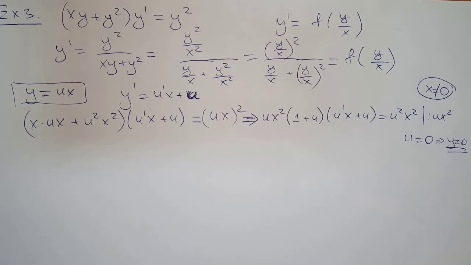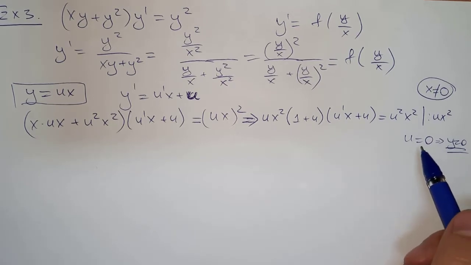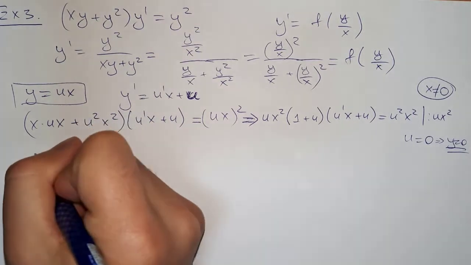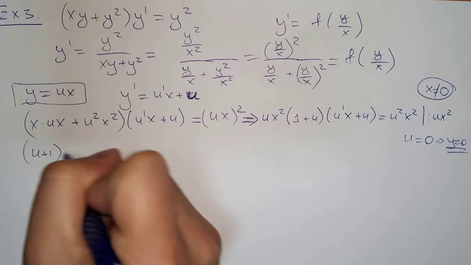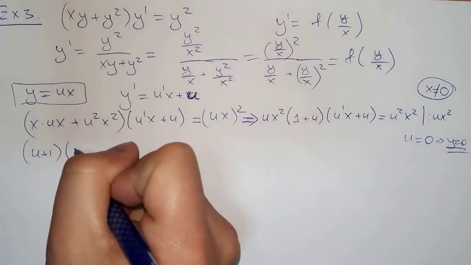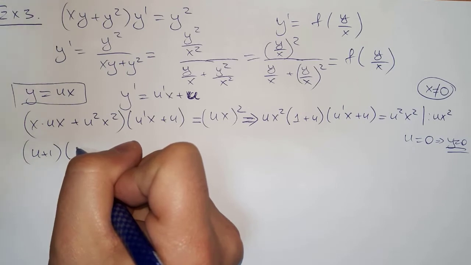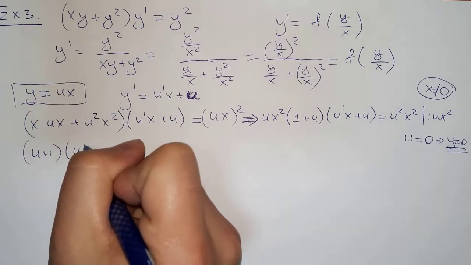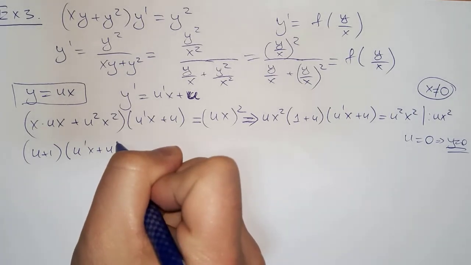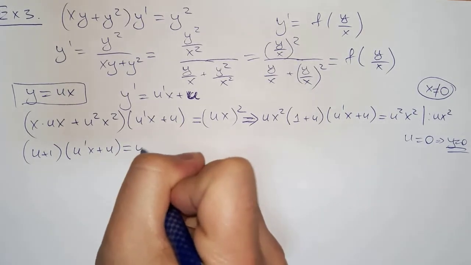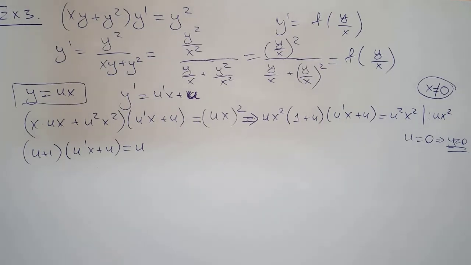Okay, after dividing, what will we get here? It is u plus 1 times u prime x plus u equals u. And now let's open the brackets.